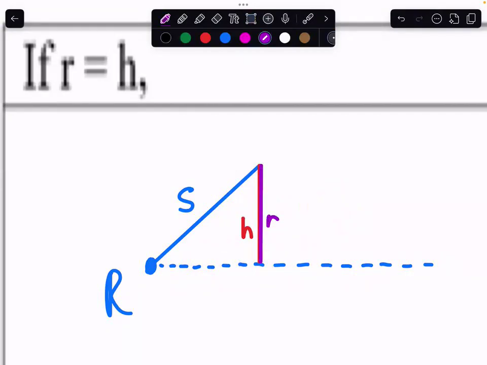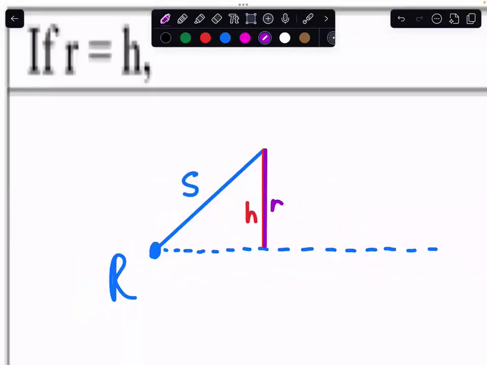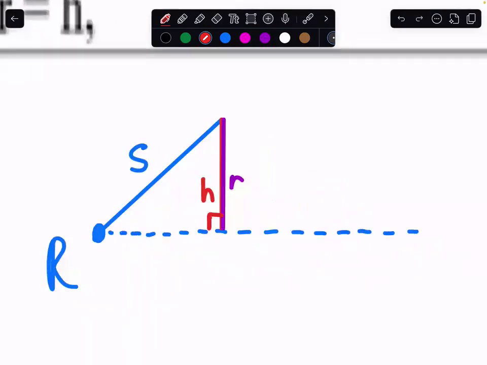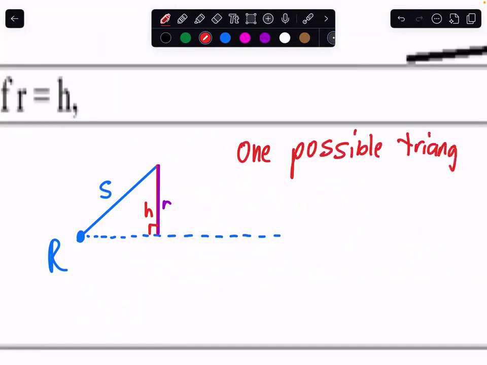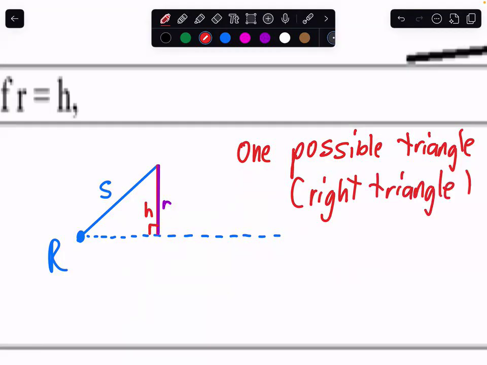So if the height and the opposite side are the exact same, that means the triangle that's formed would have to be a right triangle. There's only, again, one way to do this. There's only one possible triangle, and that's if it's a right triangle.